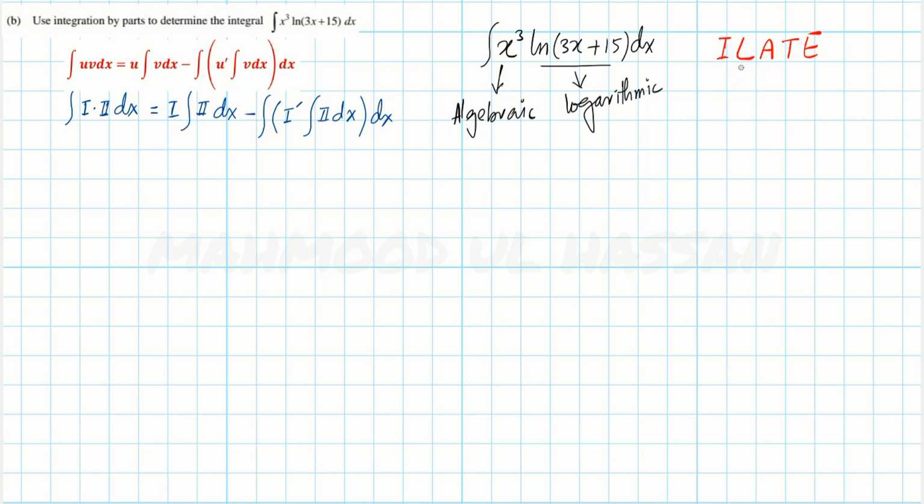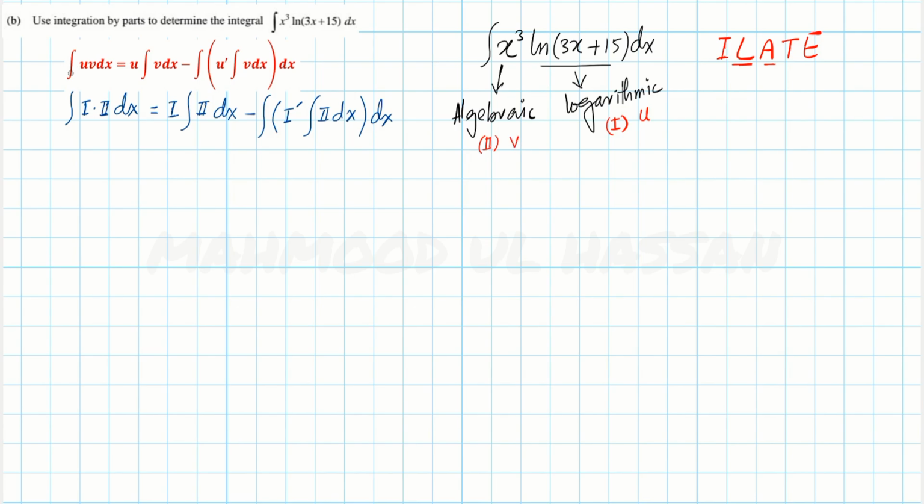You can see the logarithmic function comes first before the algebraic. So we will consider the logarithmic function as our first function, or our u function. And similarly, the algebraic function is considered the second function, or our v function.